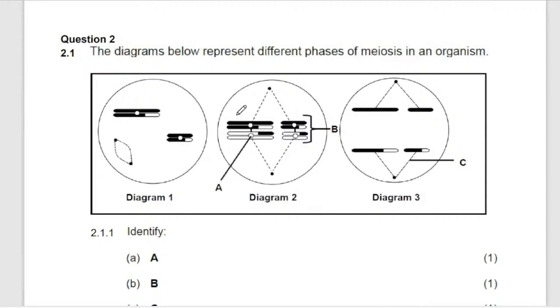But guys, something is itching me, and that itch makes people lose marks in meiosis. Number 1, identify the phase in diagram 1, diagram 2, diagram 3. Whenever they ask you about the phase, please turn your paper if the centrioles are not on the sides.